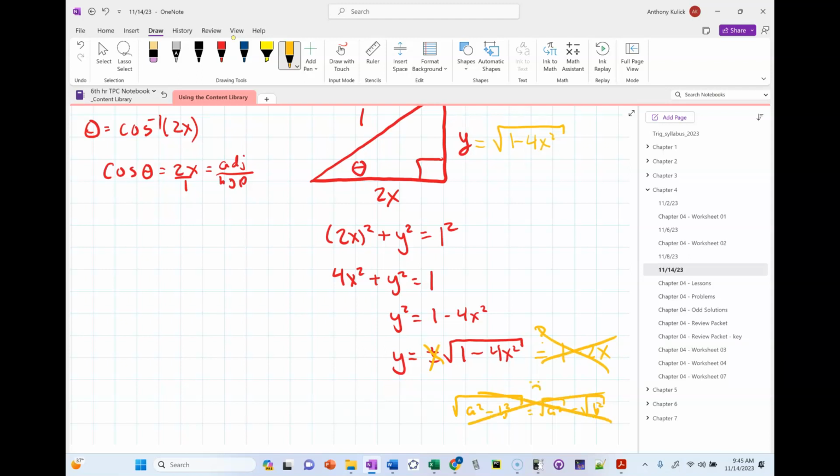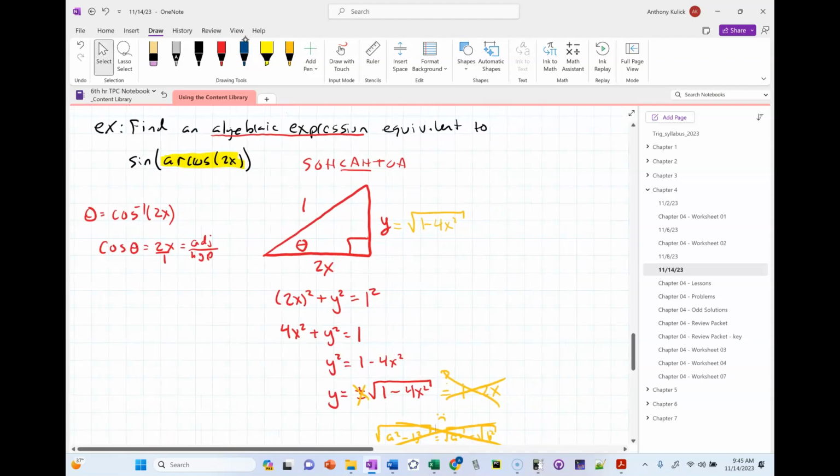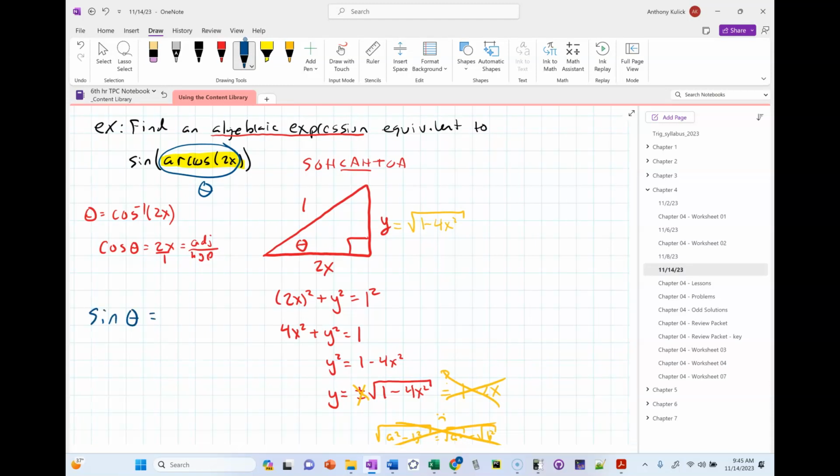Okay. Let's look at where we're at now. So this thing in here we've replaced with theta. And the theta we're talking about is this theta here. So to figure out sine of theta, where theta is an angle inside a right triangle, what can I do? SOHCAHTOA. It can just be opposite over hypotenuse.